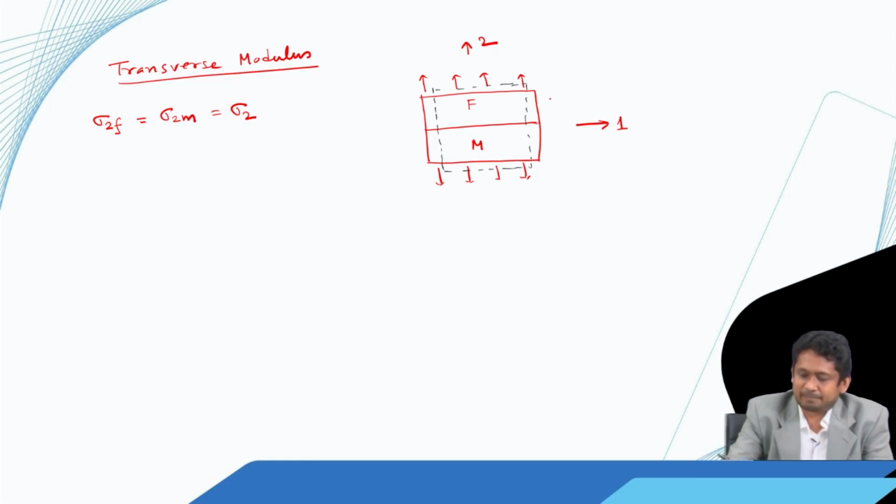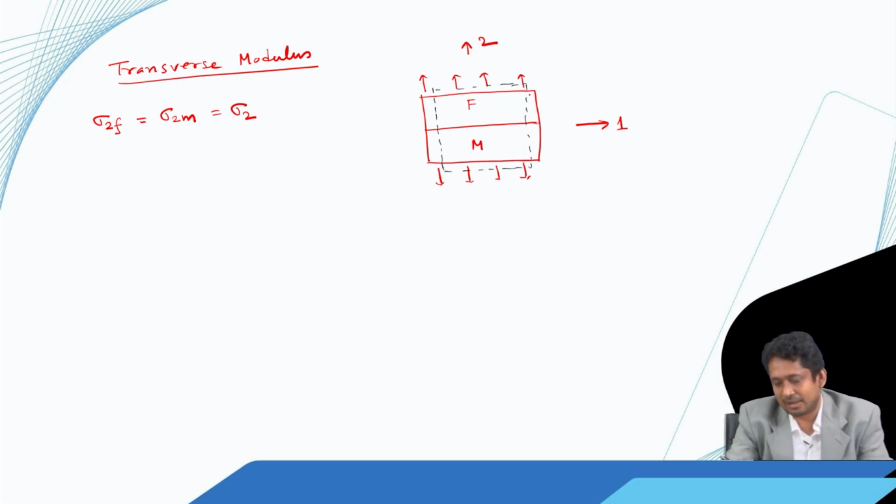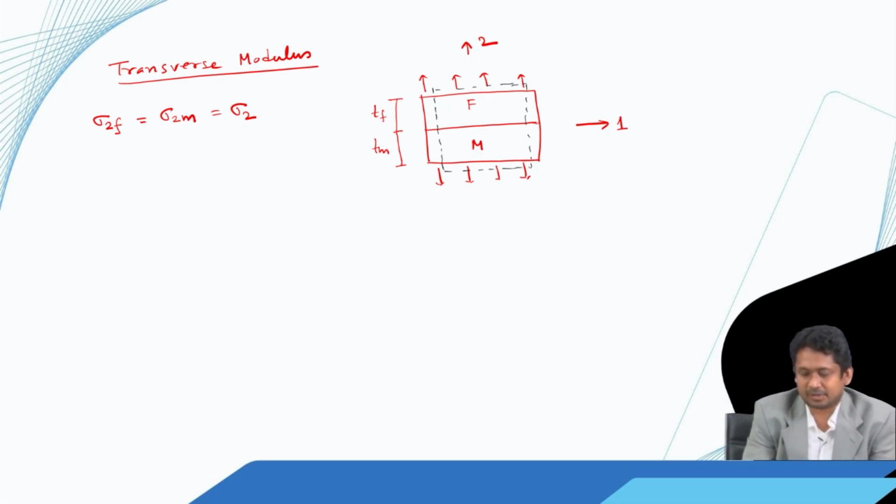So, we can say that the total amount of elongation in direction 2 is the sum of the elongation along direction 2 for fiber and for matrix. So, let us say that this dimension for fiber is T f and this dimension for matrix is T m.